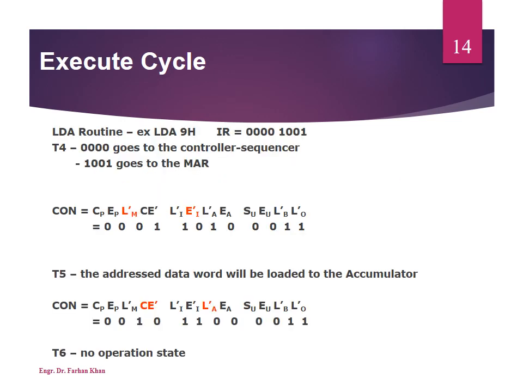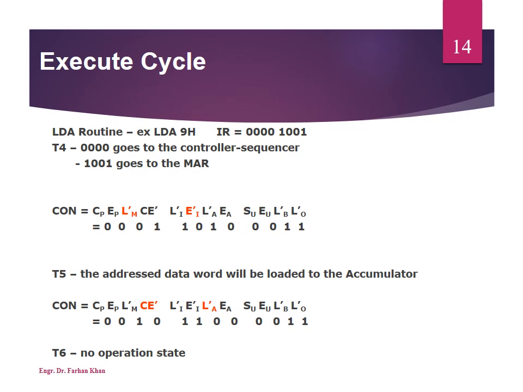For instance, if we are performing the LDA routine, for example LDA 9H, the instruction register contains 0000, which is for LDA, and 1001, which is for memory location 9. Then at the T4 state, the 4 zeros go to the controller sequencer because it's the instruction, and the 1001 goes to the memory address register.